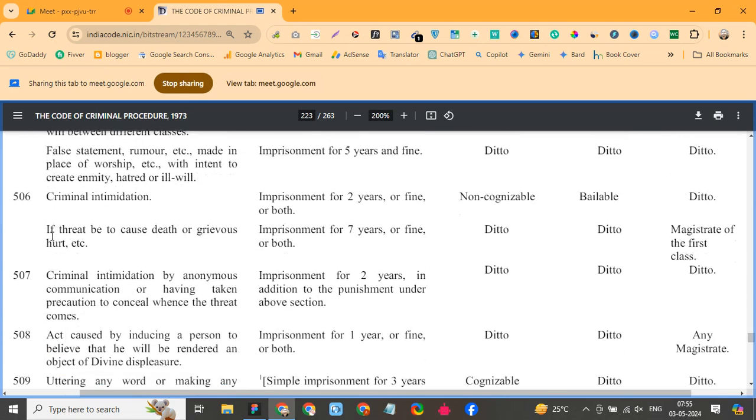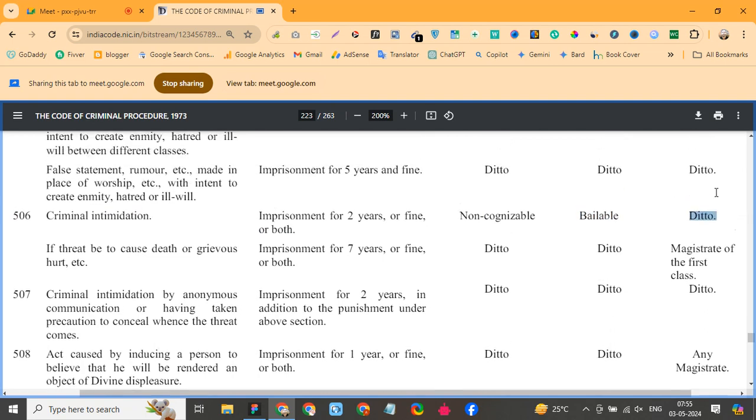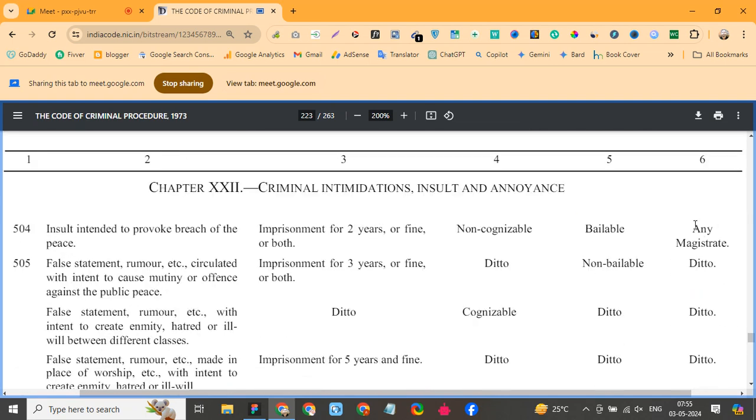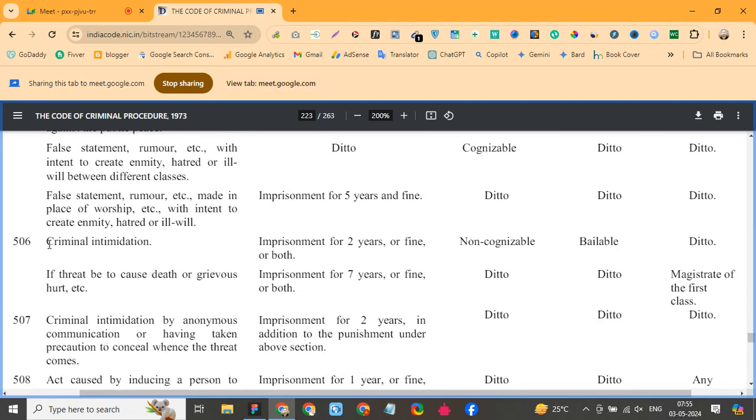Okay, so 506 is regarding the criminal intimidation having an imprisonment for 2 years or fine or both. It is non-cognizable in nature, bailable in nature, and ditto means it is triable before any magistrate. So such a kind of things are there in the criminal intimidation.